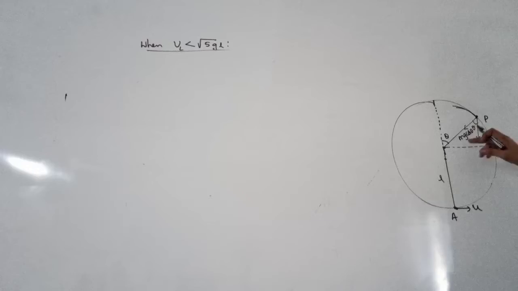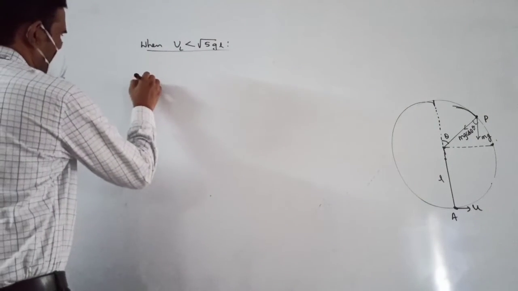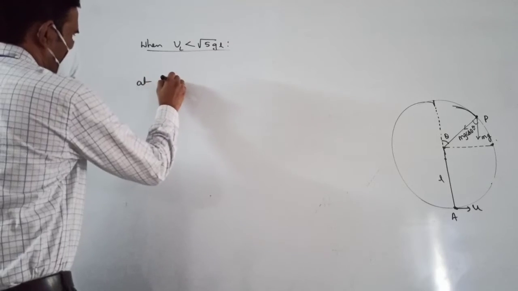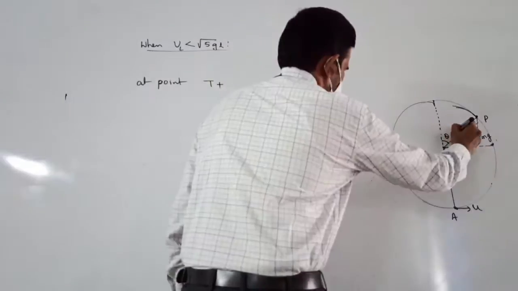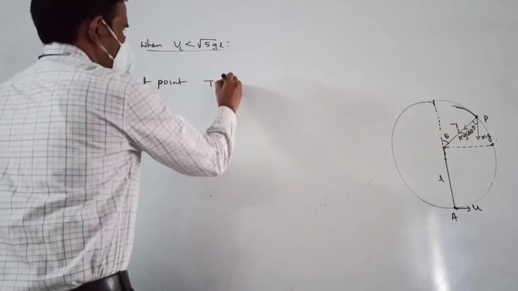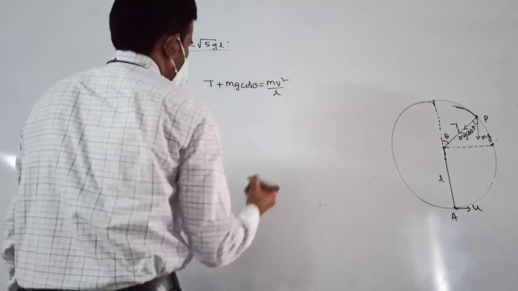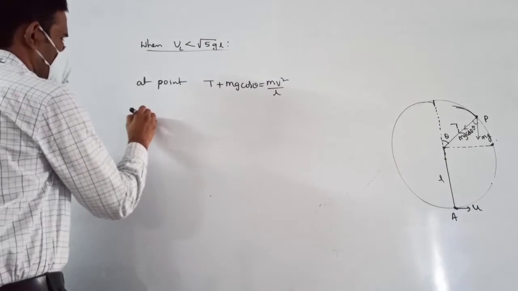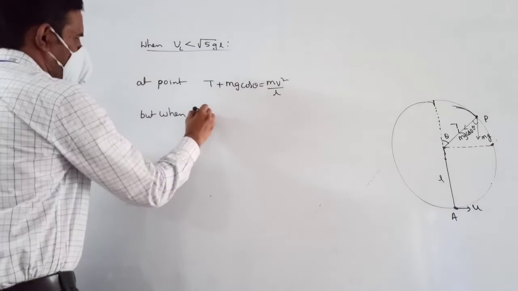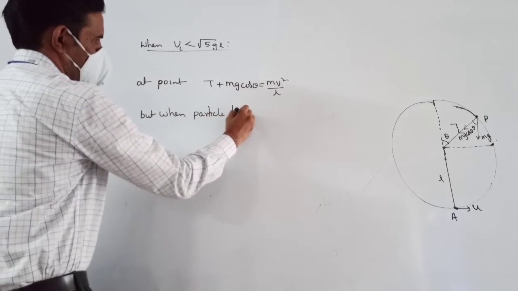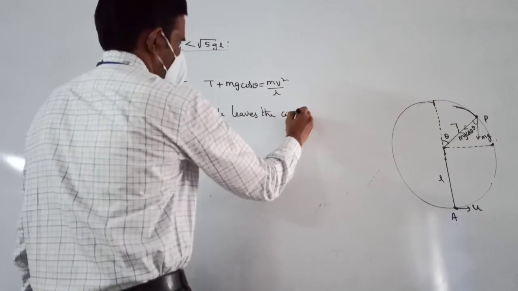So that means at point P, I am taking the T, and in the next step I will put the T value as 0. So T plus mg cos theta is equal to mv square by L. But when the particle leaves the circular track or circular path, then tension should be 0.